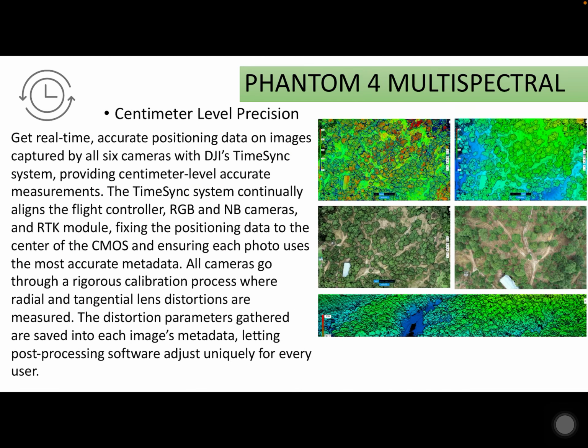So the third attribute has the ability of positioning data on the images captured by all 6 cameras. So this is the result from the durian orchard that is captured in the GIS time scene system, which is centimeter-level precision measurement.